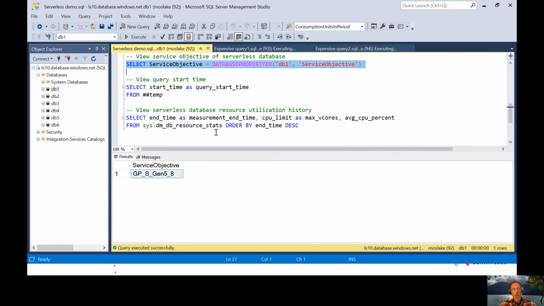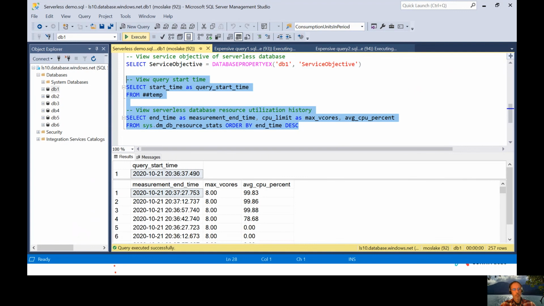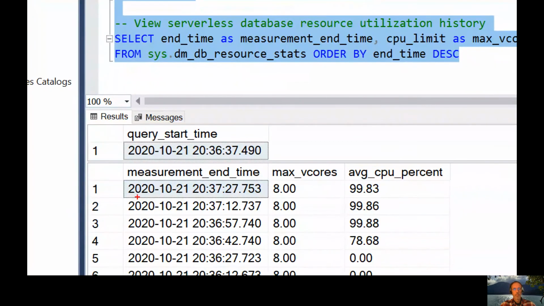Now, in order to see how quickly serverless is able to scale up, I can look at the DMV for resource stats, which reports on usage across key utilization measures like CPU. So here I can see that I started this workload.